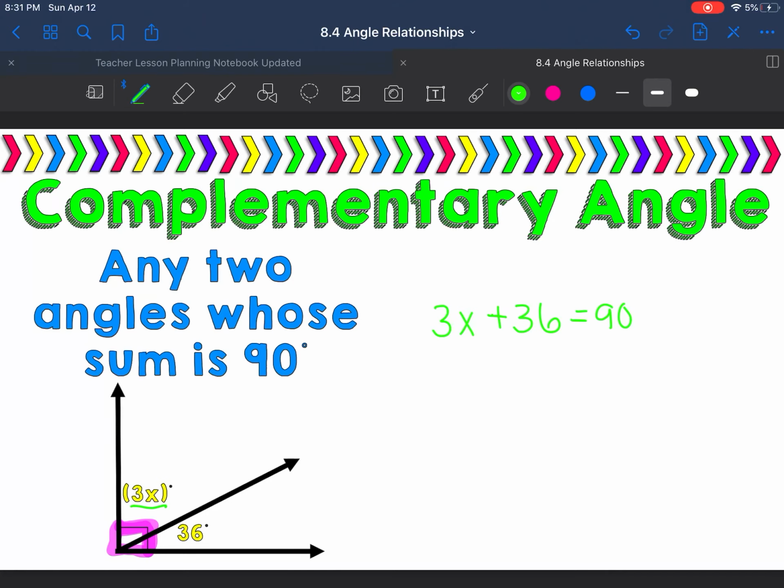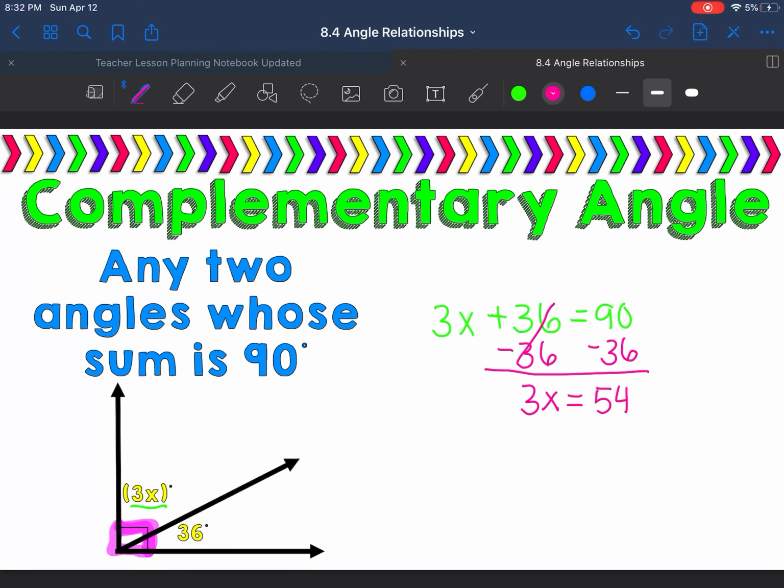First thing I'm going to do is add or subtract. In this problem, I'm adding 36, so I need to do the inverse, which is subtracting 36. So I'm going to subtract 36 from both sides. Positive 36 and minus 36 cancel out and give me 3x equals 90 minus 36, which is 54.